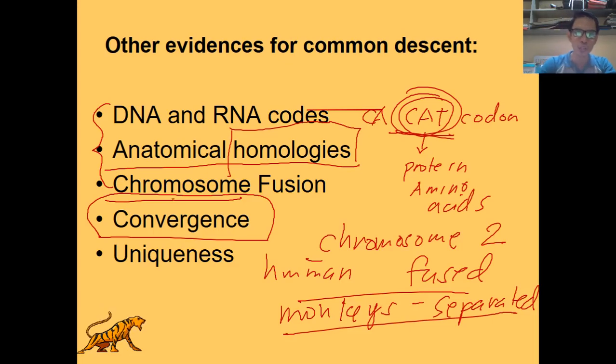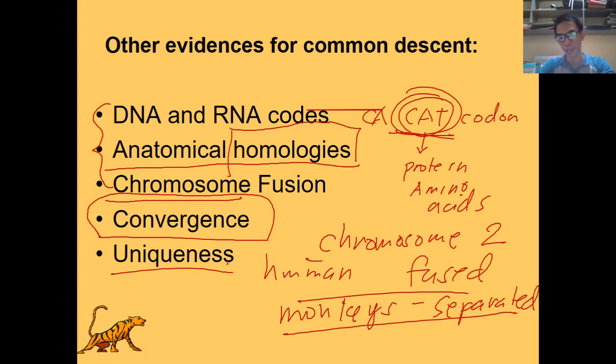Alright, next one, uniqueness. Every variation among these organisms, the explanation of similarity and difference among them, gives the idea of what they call common descent.